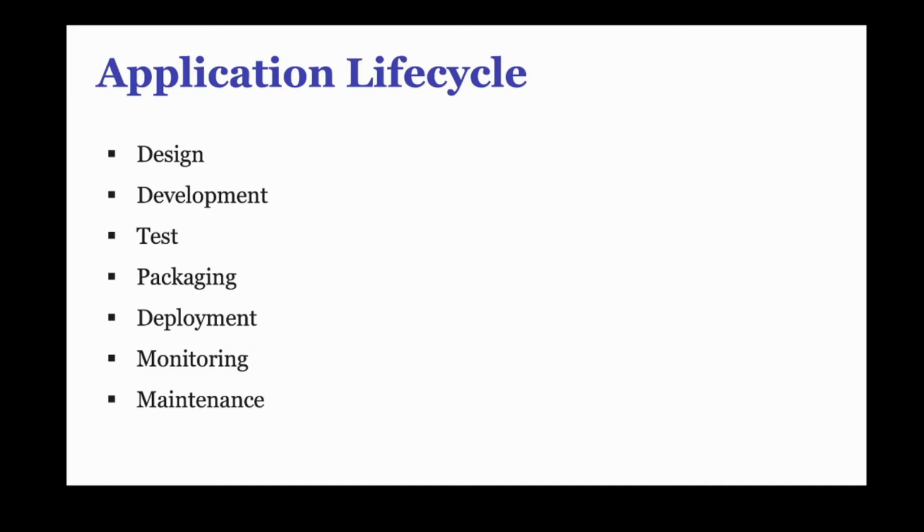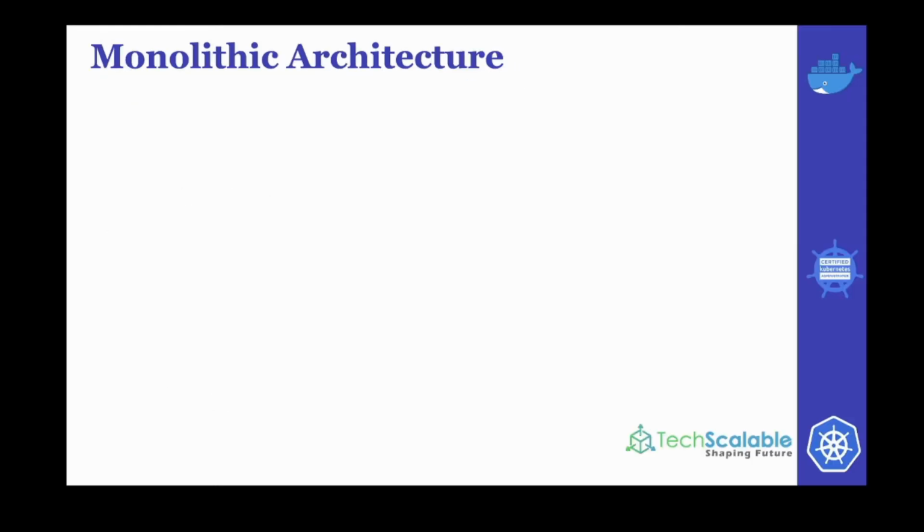So if you think about the design phase, the way we design our application categorizes it as monolithic or microservices. If we look at the monolithic architecture, our application's user interface, the data access layer, the logic which accesses the data at the back end, and the business logic, the main brain behind our application, all of them are so tightly coupled that they have to sit together.